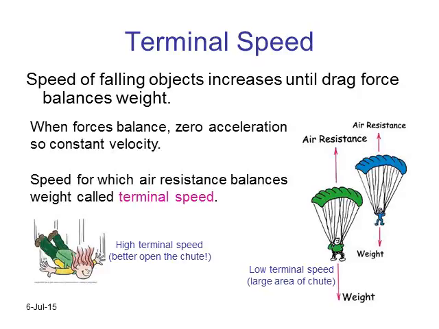So every person's going to have a different terminal speed, but basically when the air resistance equals the weight, mass times gravity, then you have reached your terminal velocity. You're not going to go any faster. That means you're not accelerating anymore. You are still probably going very, very fast. It's a high velocity, but you're not going to accelerate anymore.